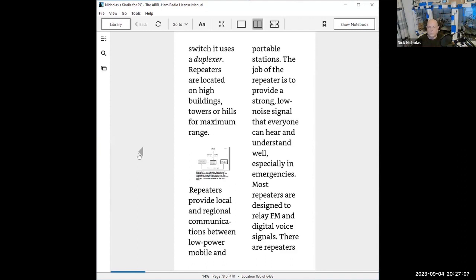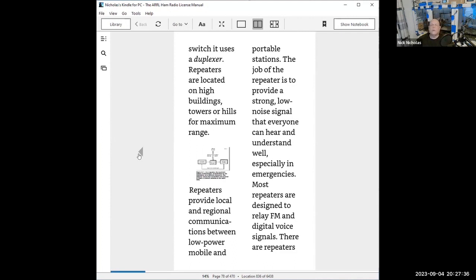It's basically a digital to analog conversion. Digital repeaters allow us to send the audio as a digitized signal across the internet. And by going across the internet, we can make repeaters accessible from your cell phone.